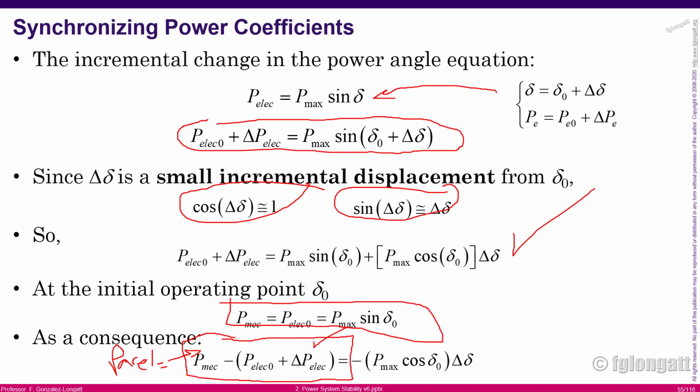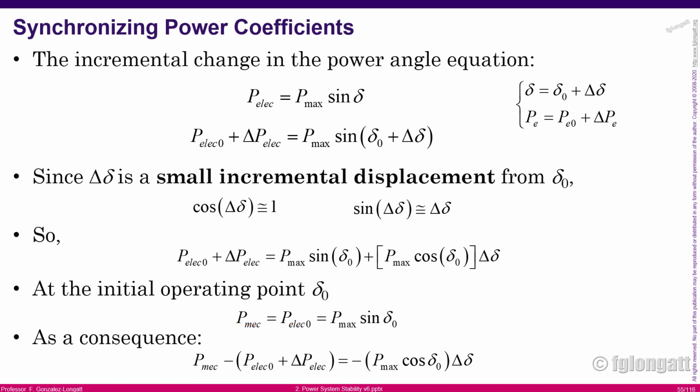The important conclusion is that when we have a displacement on delta, that represents a change on the accelerating power that can be described by P max, the cosine of the initial angle, plus the changes on the displacement.